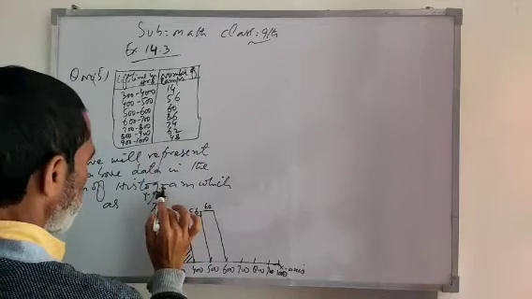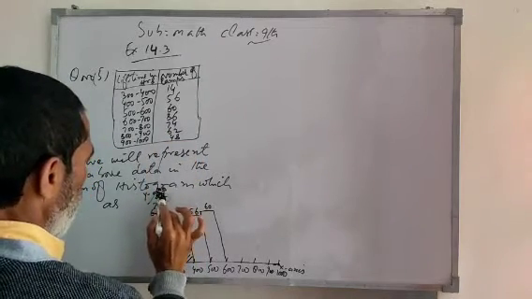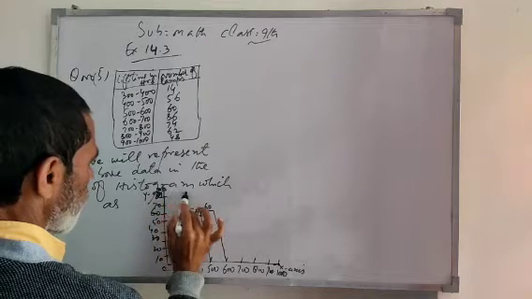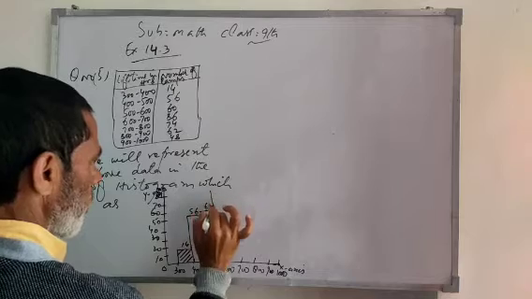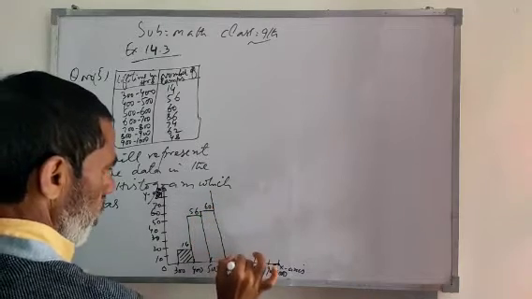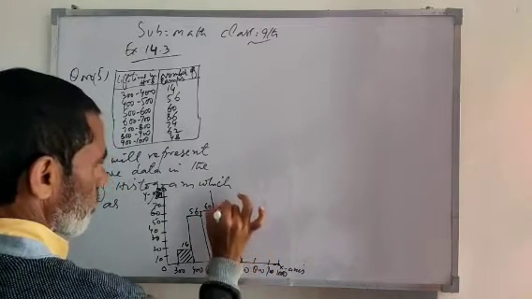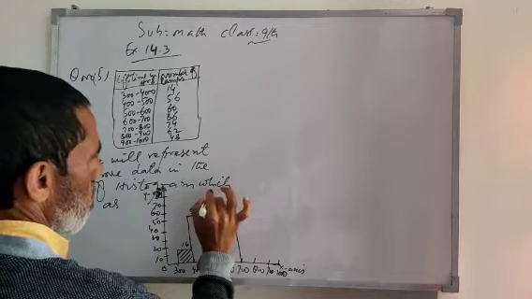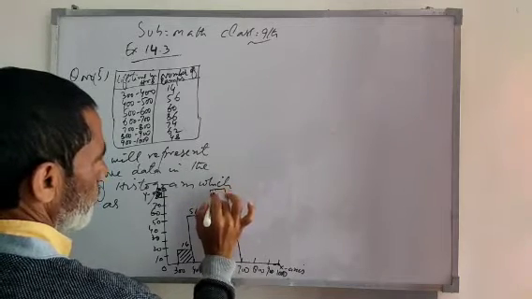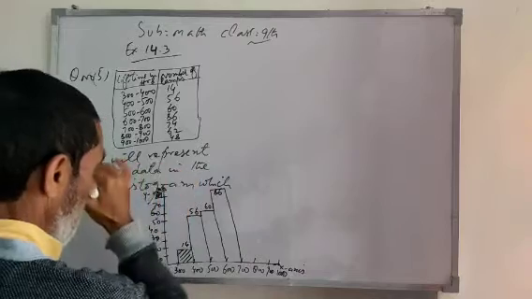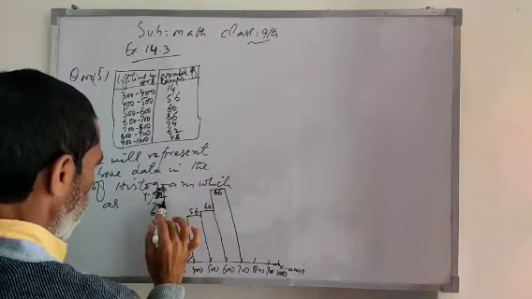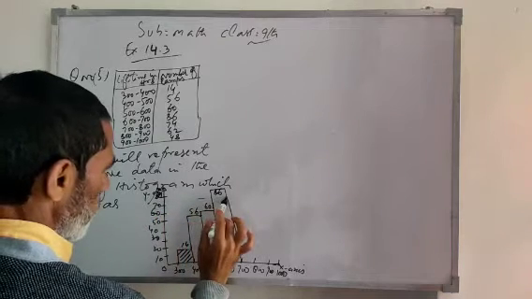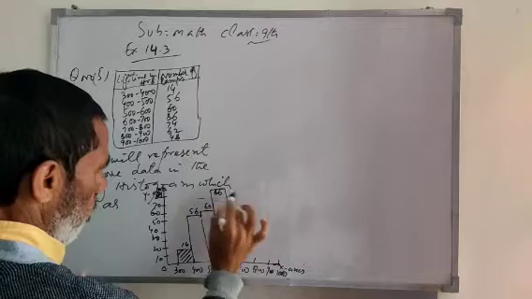This is 86. 700 to 800 is 74. This is 74.